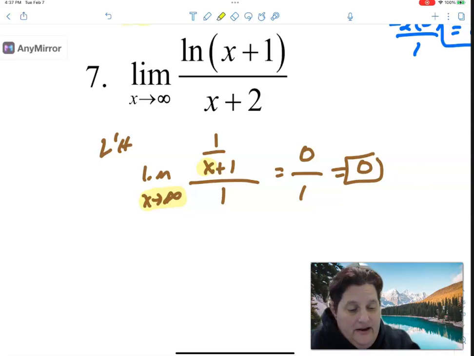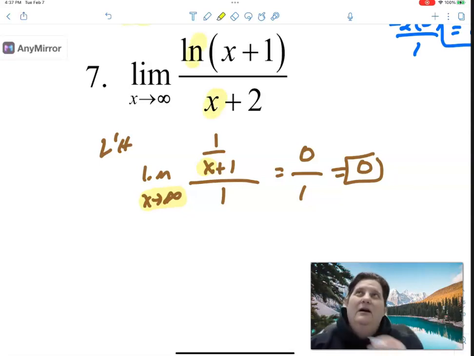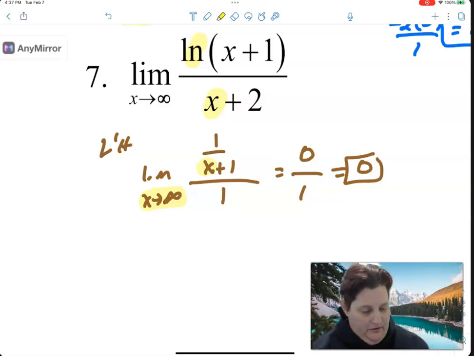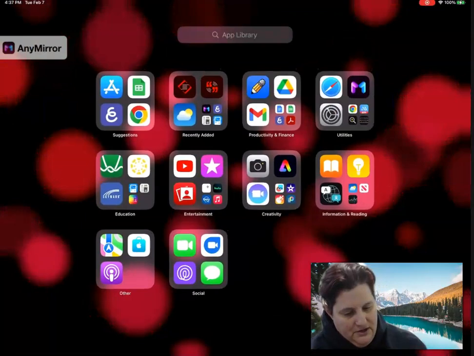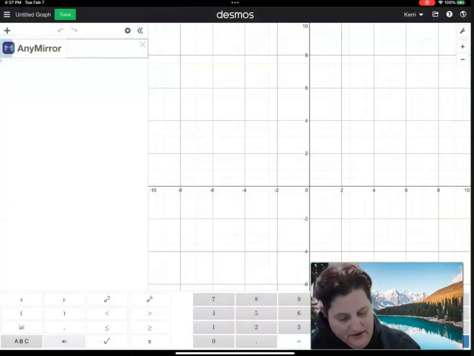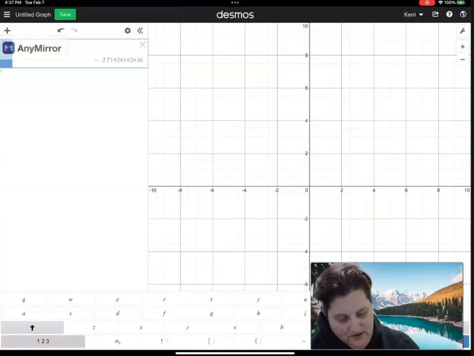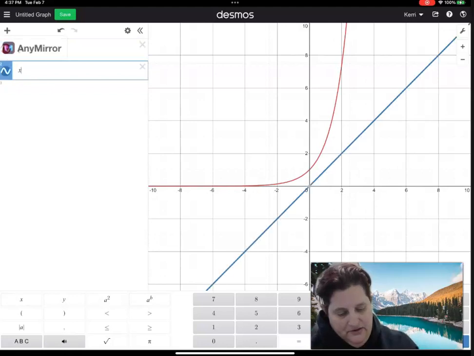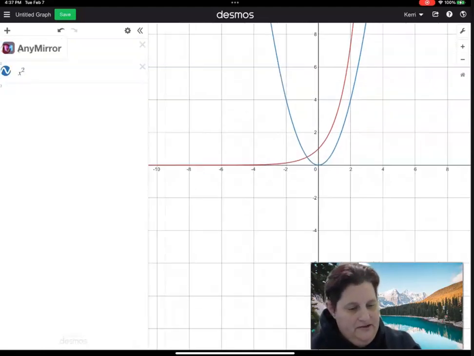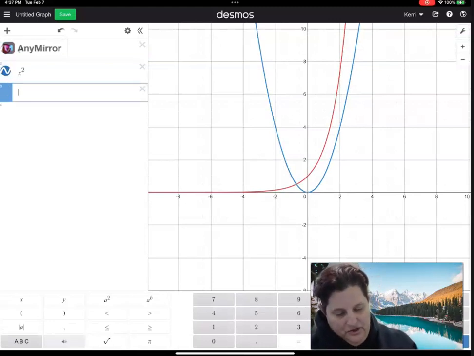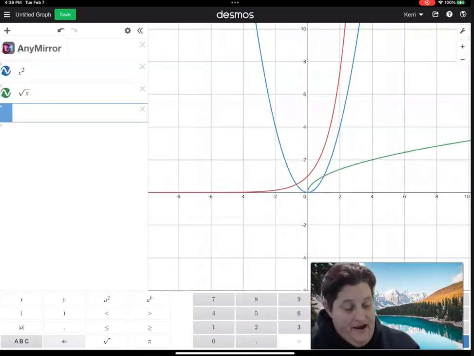The other way you could think of it is x grows faster than ln. There's a page in our books toward the beginning where we talked about different growth rates and what grew faster than other things. So e to the x grows very, very fast. x squared, not quite as fast. This will get to infinity much faster, right? Square root x grows very slow.